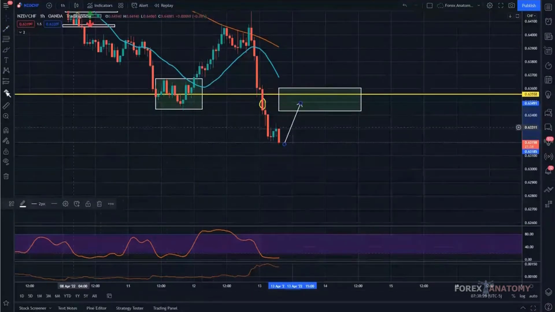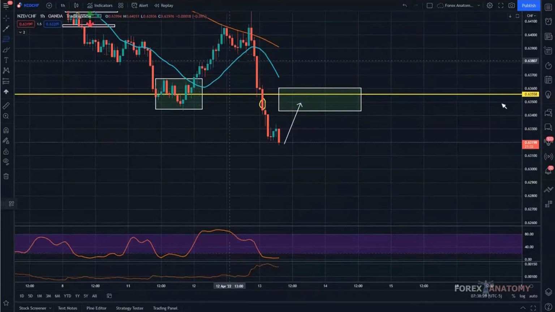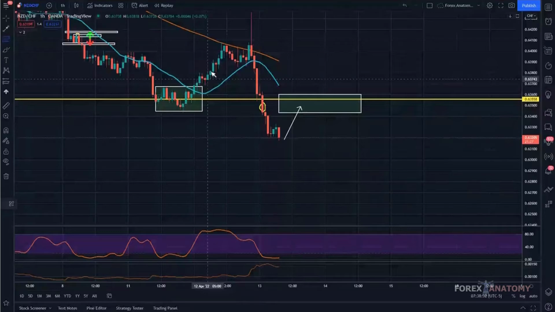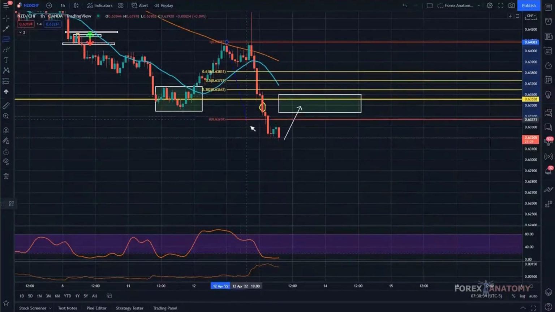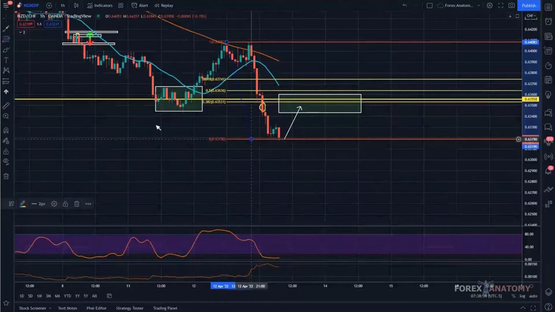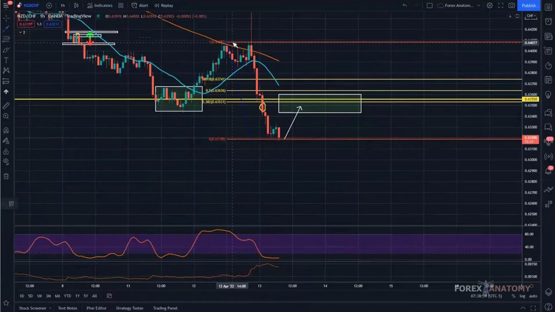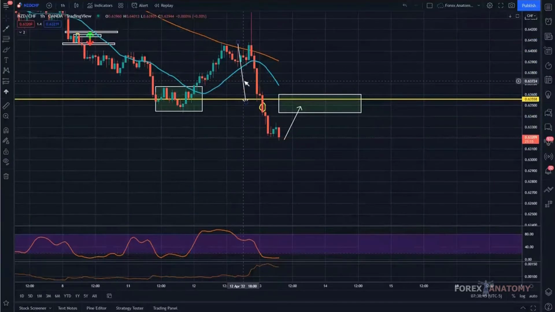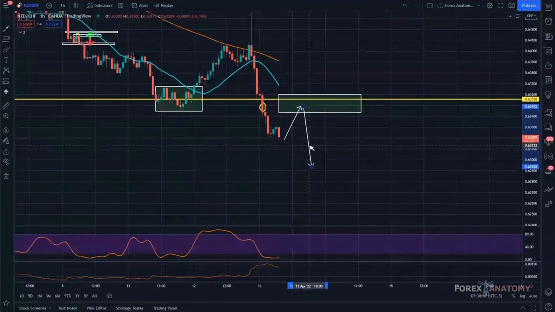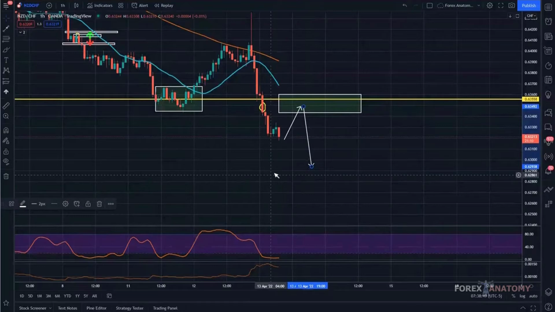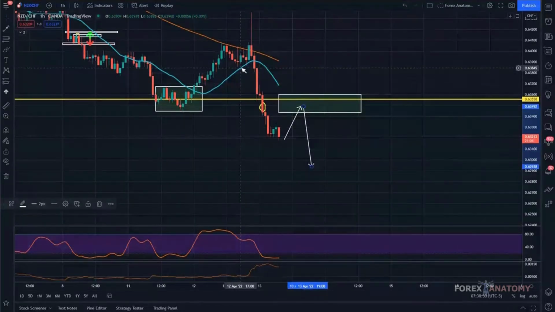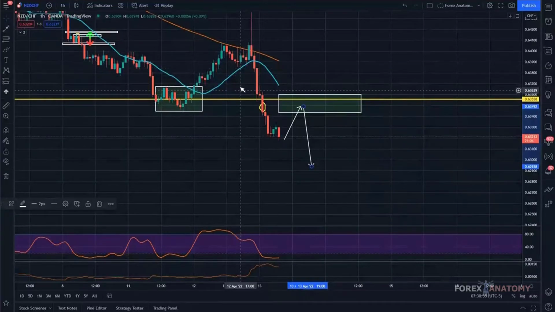And let me just do a few things also, because let me do this right here just to be conservative. And we're not going to really shoot for strongly extended targets, because as you guys know, the market moves harmonically.